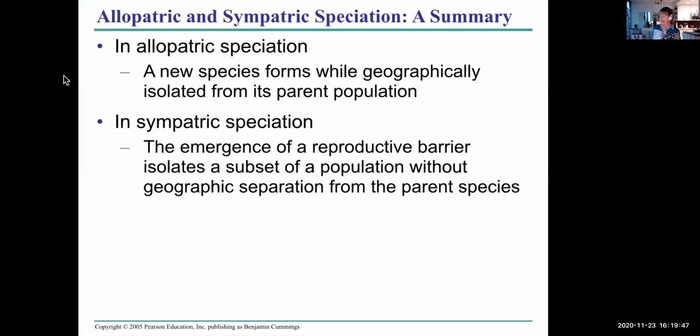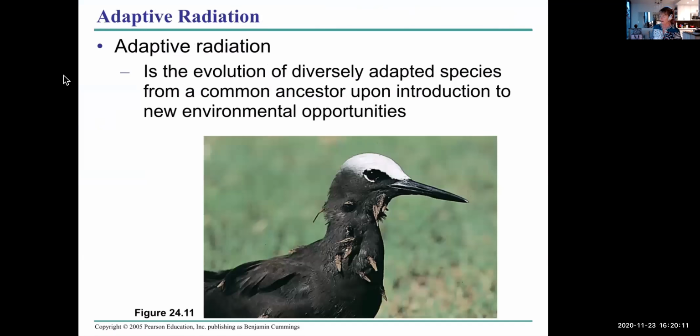Quite an interesting study. So in summary, allopatric: new species forms while geographically isolated from the parents. Sympatric: there's an emergence of a reproductive barrier which isolates a subset from the parent species. So what if you get a geographic isolation on a fairly big scale?